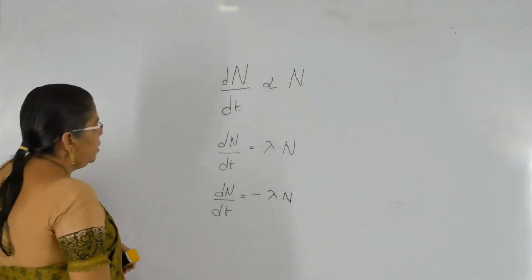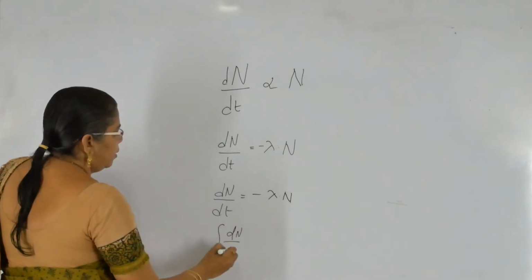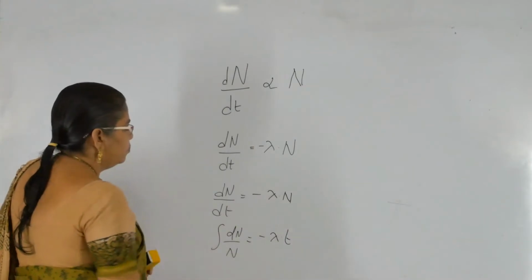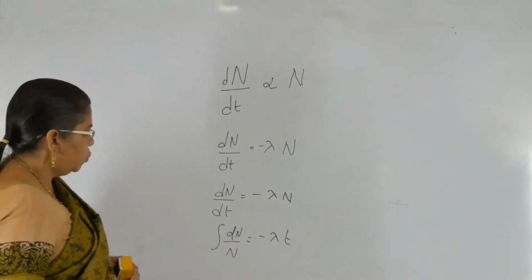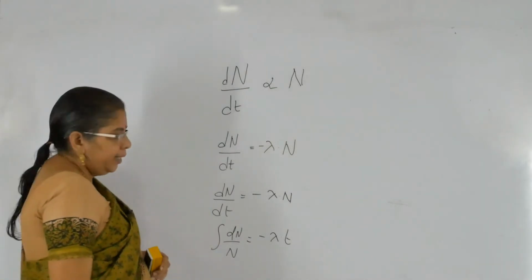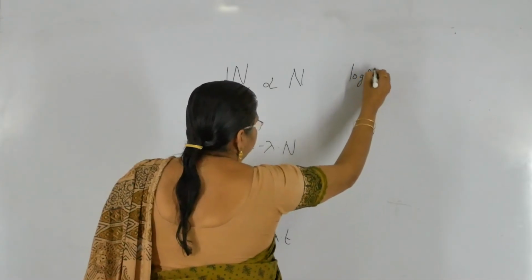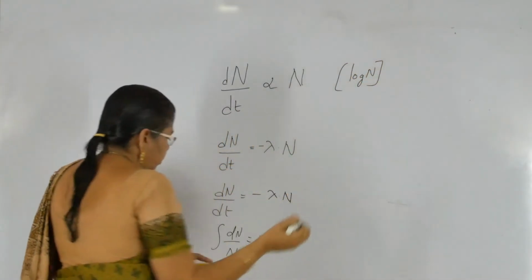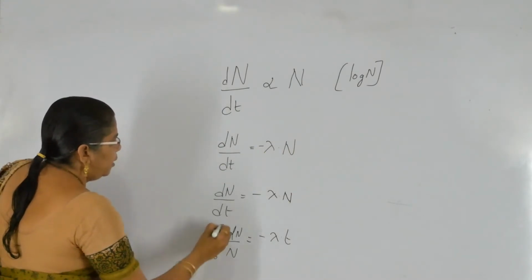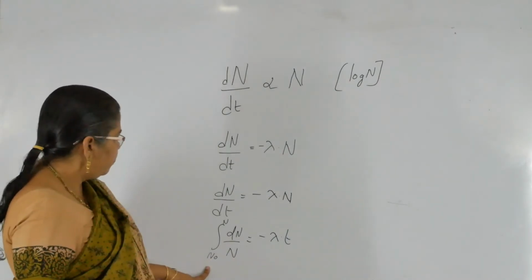So I integrate the equation. Integral dN by N is equal to minus lambda into dt. The integral of dN by N is log N, and I take N0 and N as the two limits.